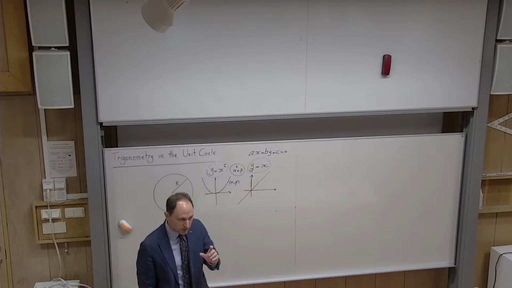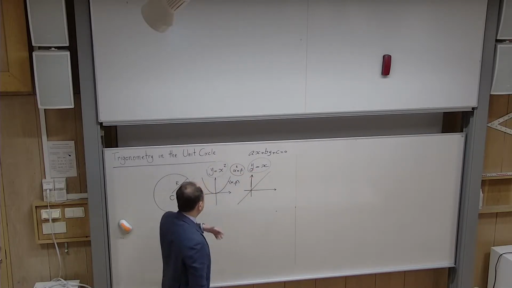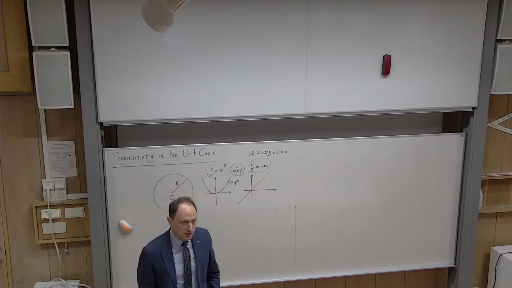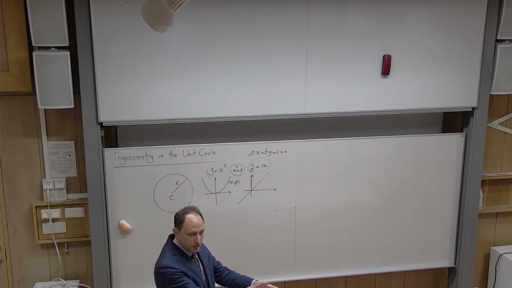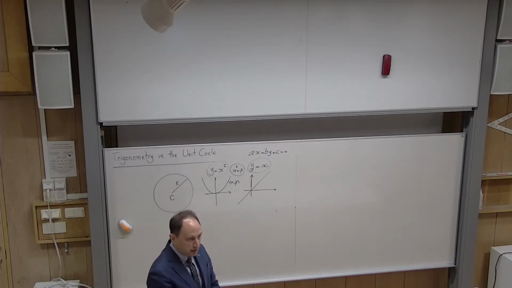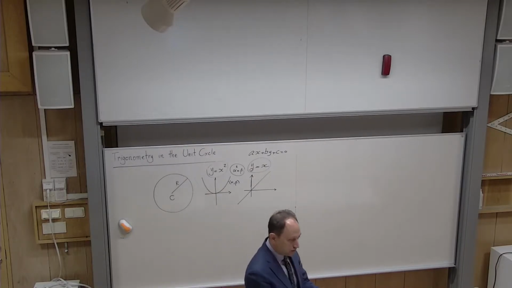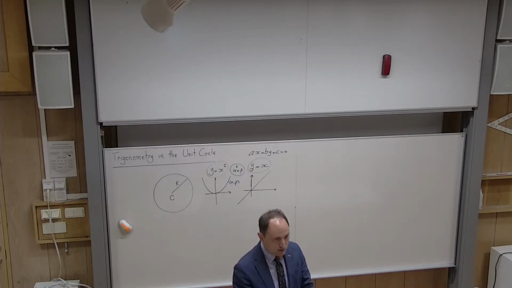So this is extremely important, not just for circles or lines, but for any shape that you have, any connection between geometry and algebra. So whenever I say find an equation of this shape, I mean use the geometry of that shape to find a relation between the coordinates of the points that lie on that shape. Yes?